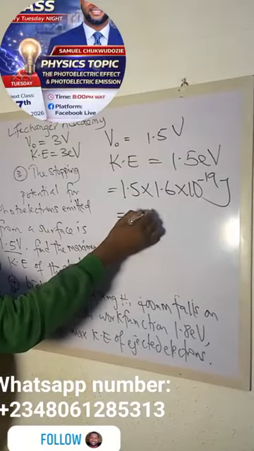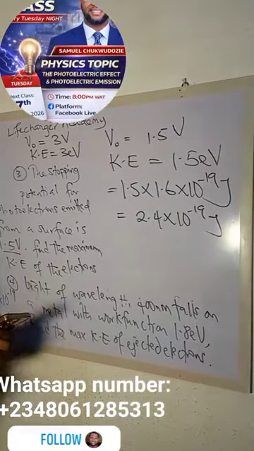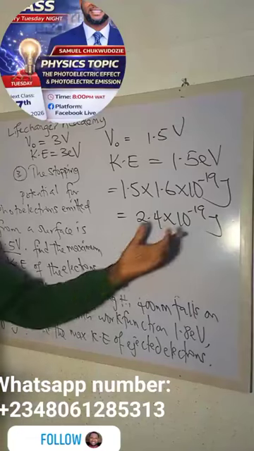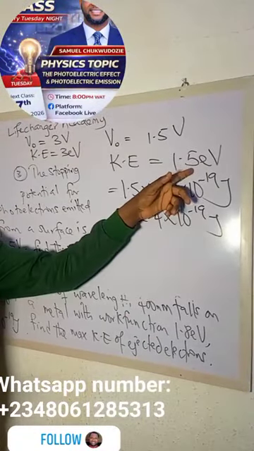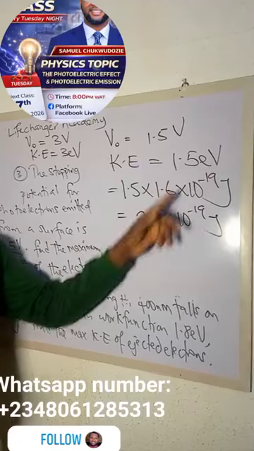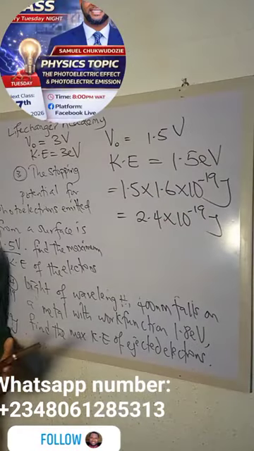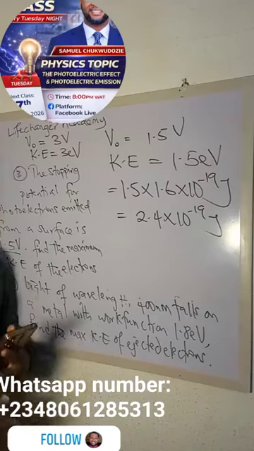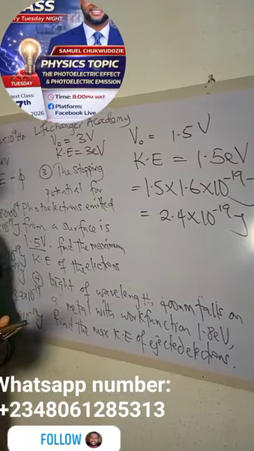I think this will give us 2.4 times 10 to the power minus 19 joules. Now remember, you don't have to do this except if you are asked to leave your answer in joules. This is already the answer in electron volts, and this is the answer in joules. I mentioned that kinetic energy can be measured in joules. It can also be measured in electron volts.